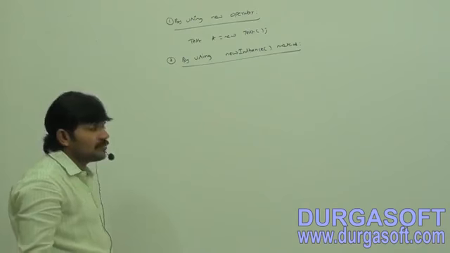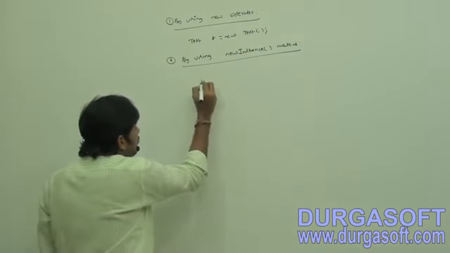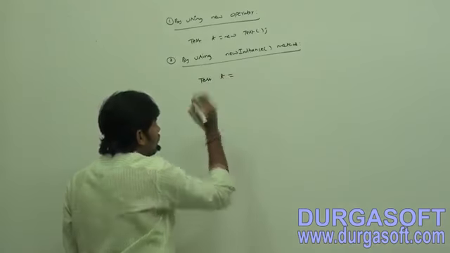How can you create an object by using the newInstance method? Let me complete the line first and then I will explain.